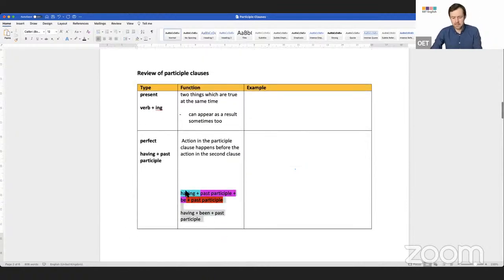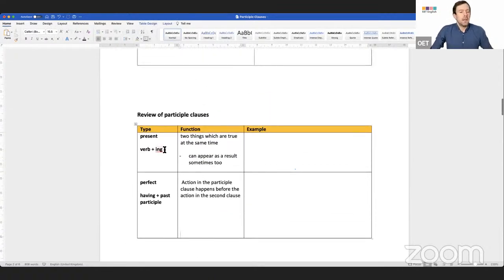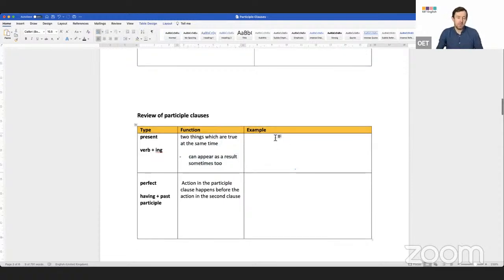Okay, so with that in mind, let me show you what I mean by participle clauses. Present participle is used to show two things which are true at the same time. It appears as a result sometimes as well. So let's try and think of it. Jumping for joy, Paul felt amazing.